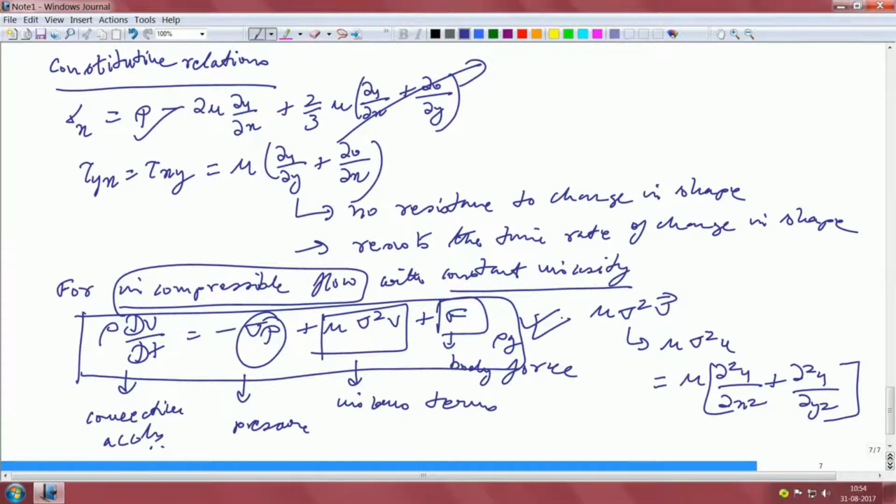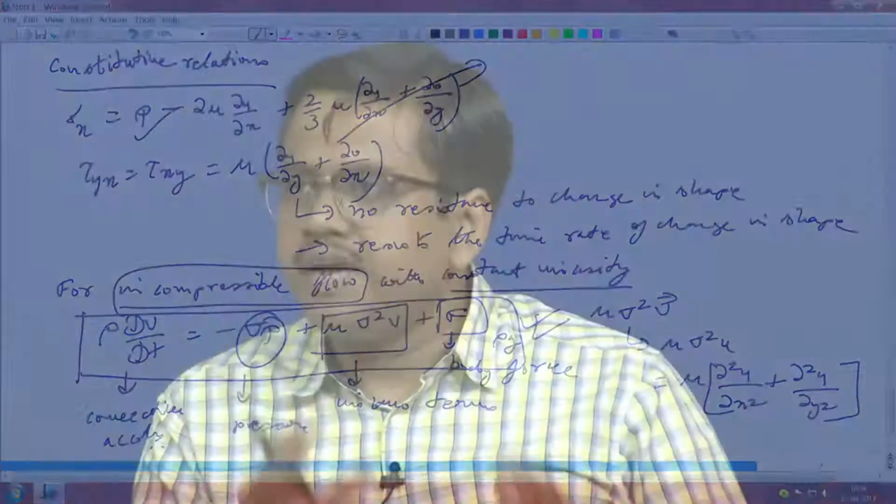So, all we have done is that we have taken an infinitesimal control volume, we have applied the conservation of momentum, and by using the conservation of momentum, what we have achieved? We have achieved that the rate of change of momentum is equal to the momentum in minus momentum out plus whatever are the body and the surface forces. The surface forces we already saw, they were the normal stresses and the shear stresses.